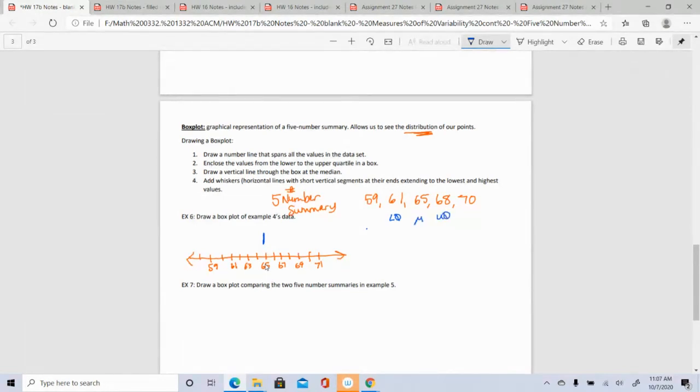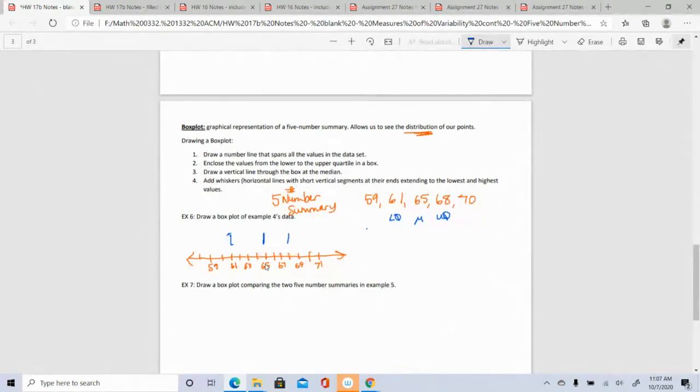Those three numbers are what we're going to be looking at: the lower quartile, the median, and the upper quartile. So we're going to have another line where the lower quartile is 61, and another little line where the 68 is.